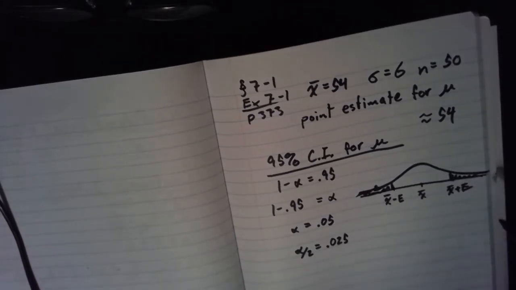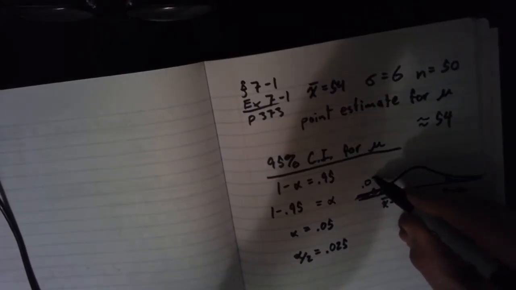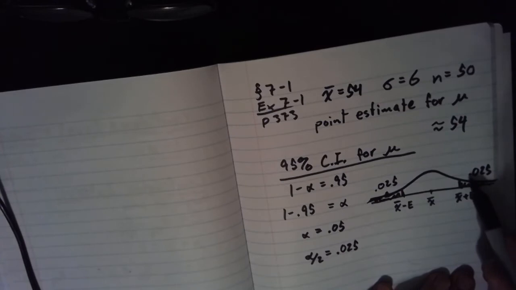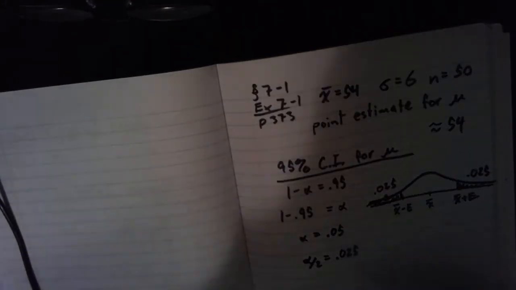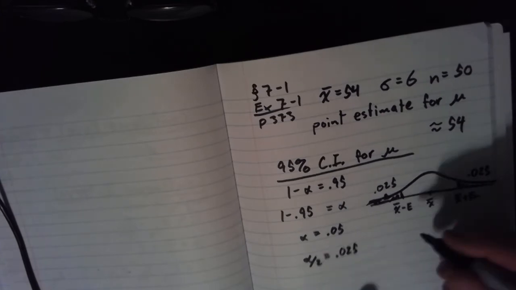Remember, we're doing this so that we know this left area here is 0.025 and this right area here is 0.025. I should have said that right on the other one as well. Okay, so here I'll pretend to go away and look these up. Okay, I'm back.